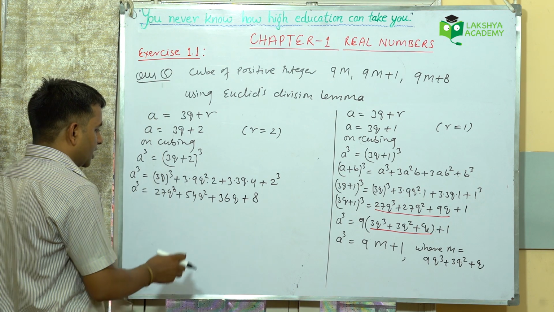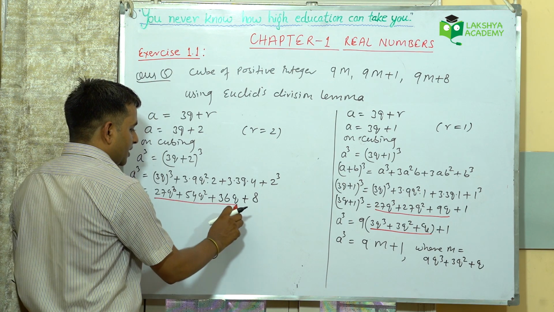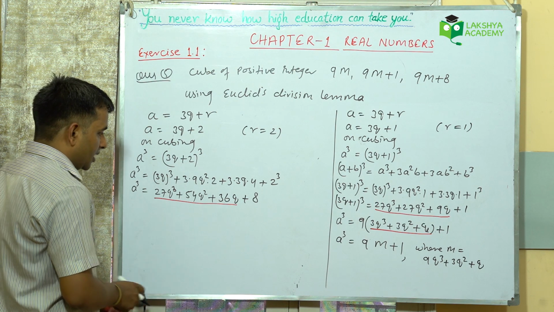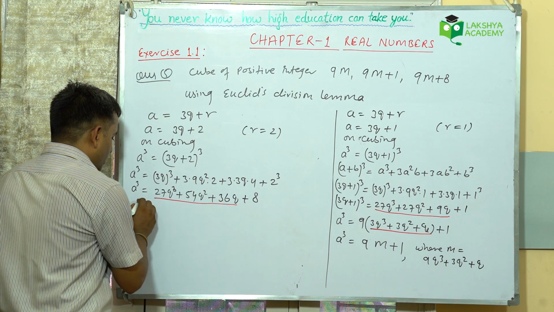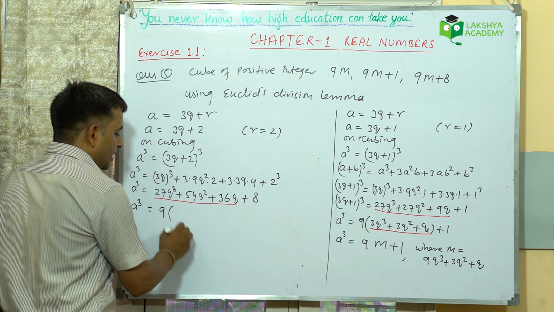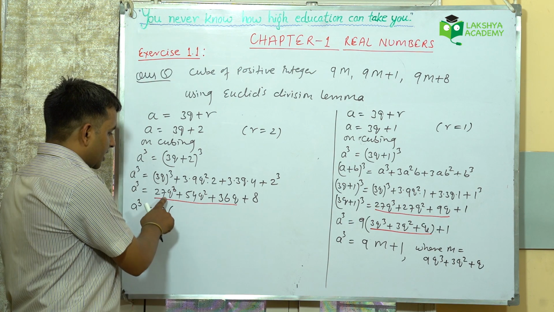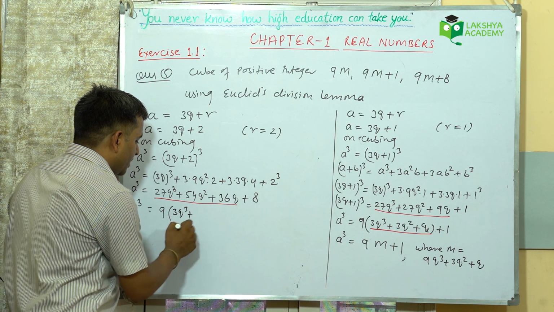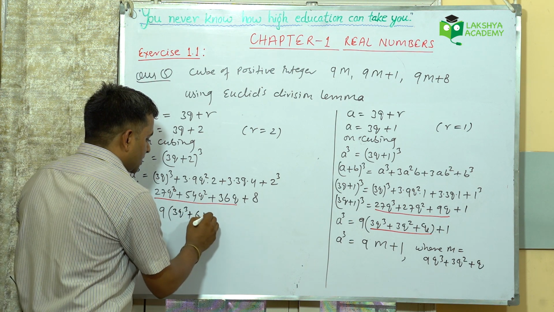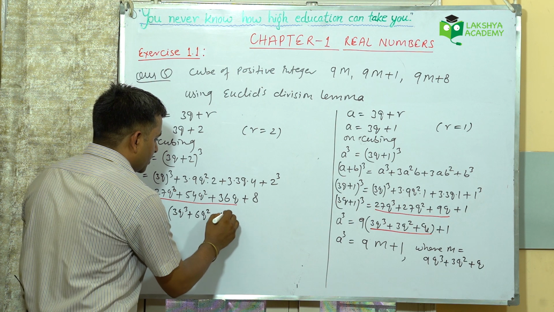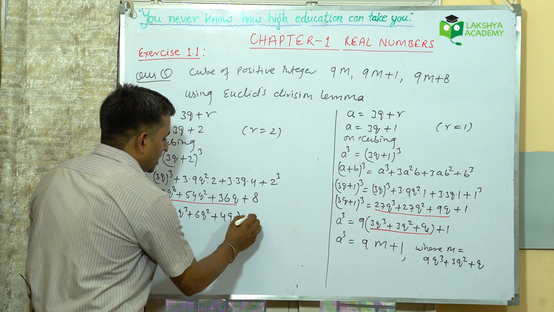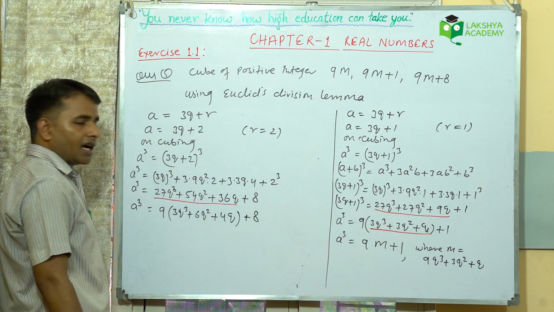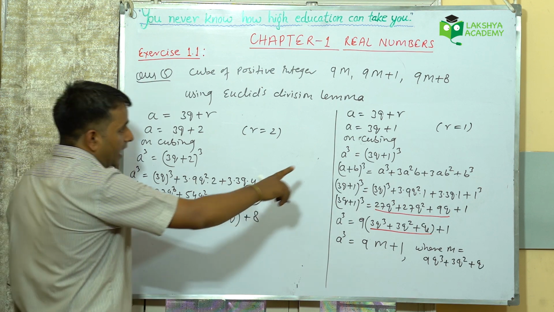Again we will take common 9 from this expression, leaving 8. So a cube equals, taking 9 as common, 3q cube plus 6q square plus 4q, and this 8. Again we will write it in the form of 9m plus 8.